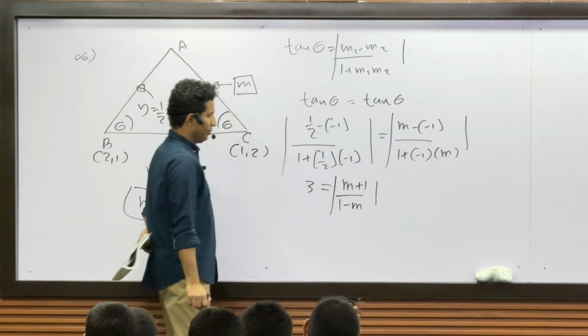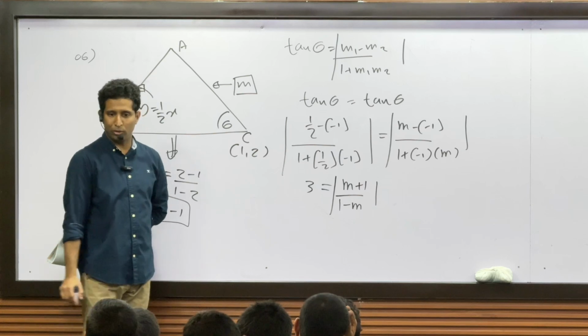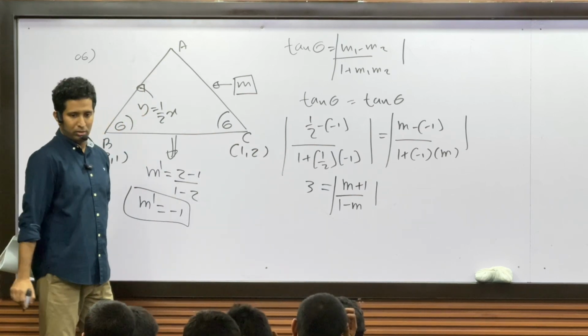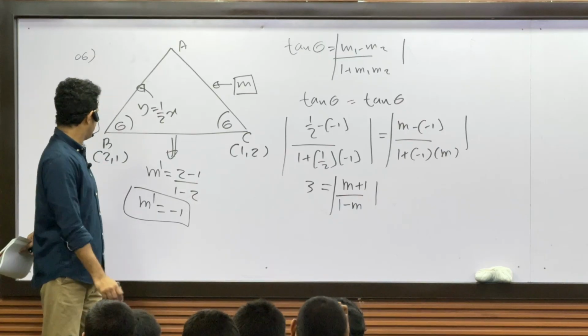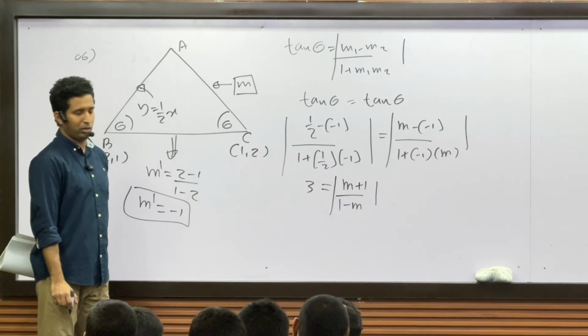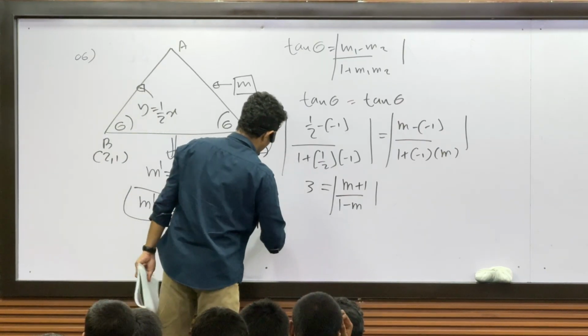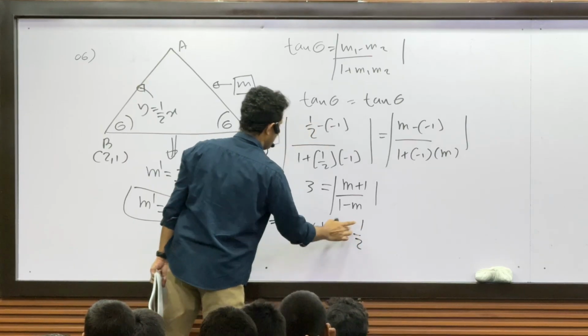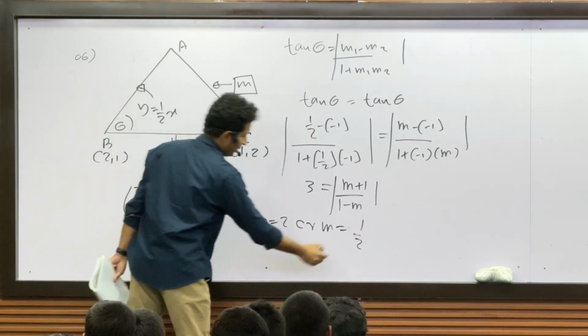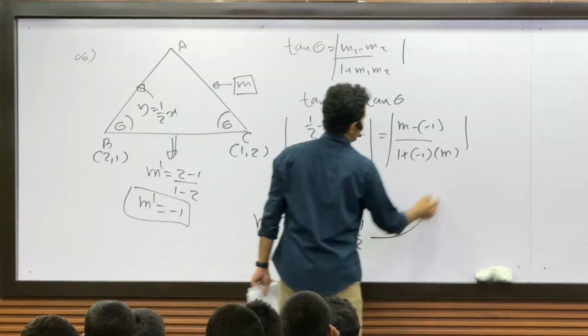Now what is m here? You get m equals 2 or m equals half. That half we have already taken, so m equals 2 is your answer.